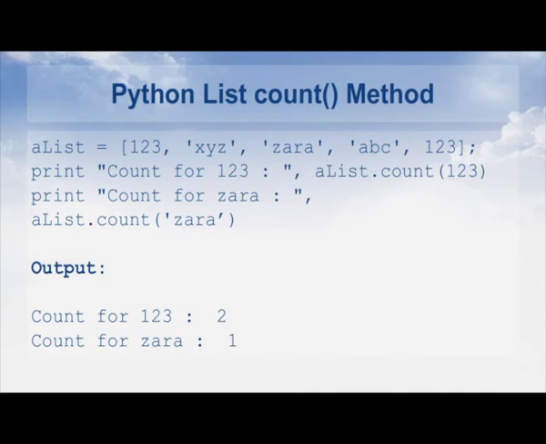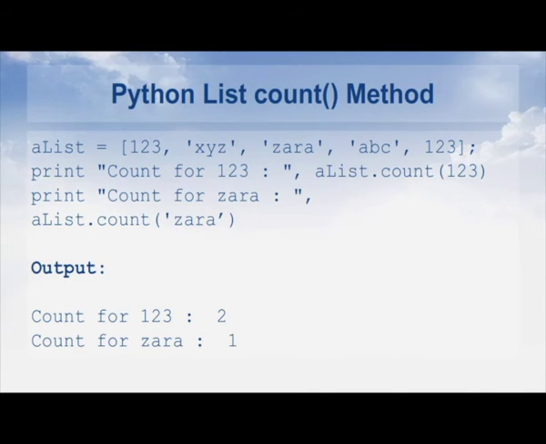Now I say print count for 1, 2, 3. You want to know how many times this 1, 2, 3 occurs in my list. I simply say a list dot count, I pass the item name, that is 1, 2, 3, and you see how many times it occurs? 2 times. So the answer is 2.